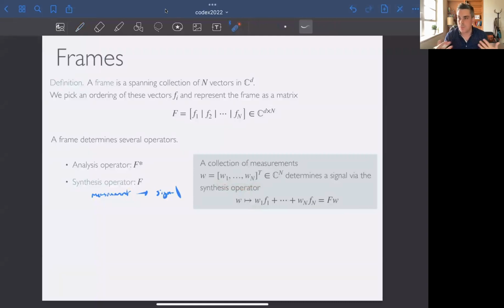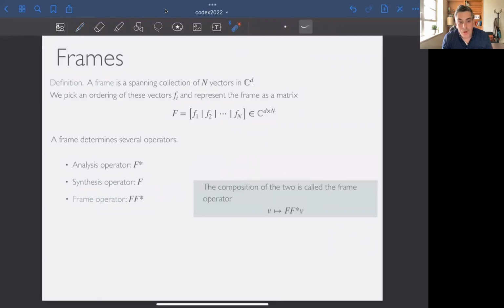Then I reconstruct something in signal space. Of course, you need to go forwards and backwards: you take measurements, and then you reconstruct signals. Doing that forward and backward move corresponds to hitting something with the frame operator. That's just the composition: I have a signal vector, take a measurement, and then reconstruct something in signal space from that measurement.